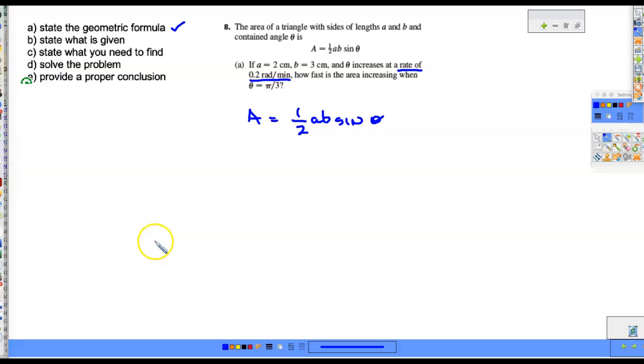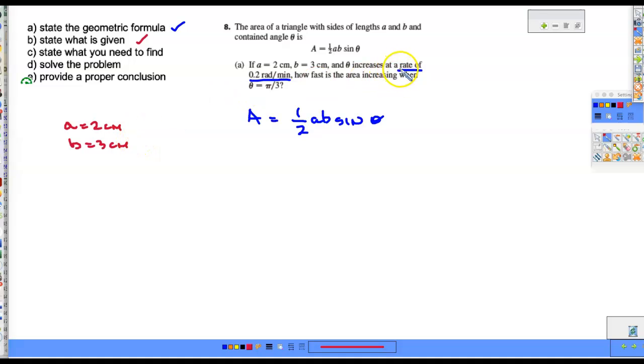State what is given. We know a is going to equal 2 centimeters. We know b is going to equal 3 centimeters. So we're stating what's given.